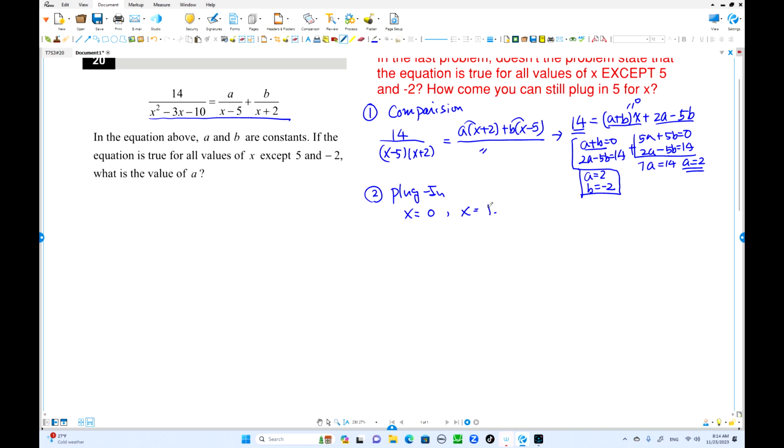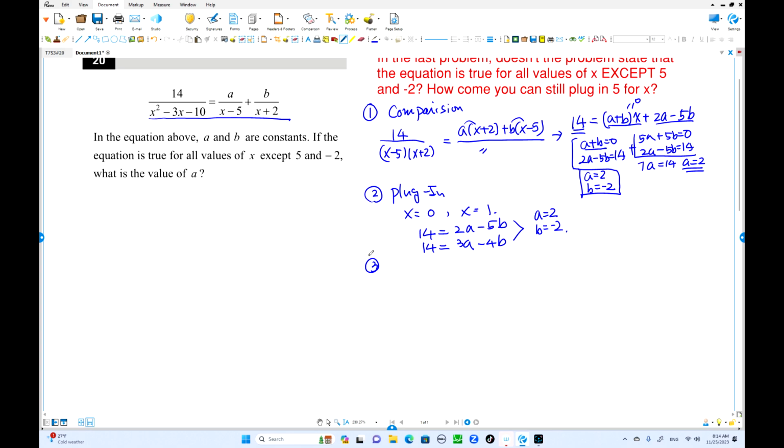That's fine, you can do that because the denominators are always equal, so look at the numerator. When x equals 0, 14 equals 2a minus 5b. When x equals 1, 14 equals 3a minus 4b, okay? You can solve the two equations. You get the same numbers, a equals 2 and b equals negative 2.